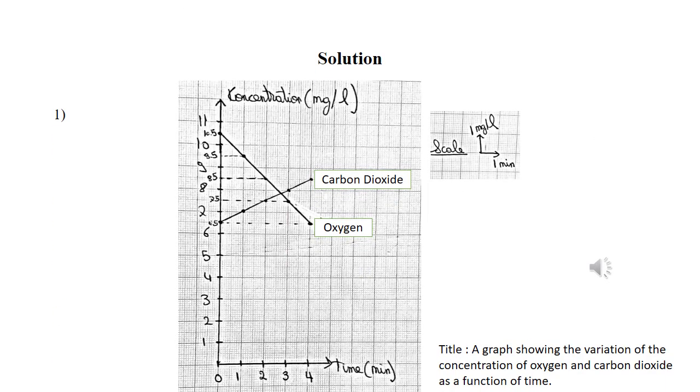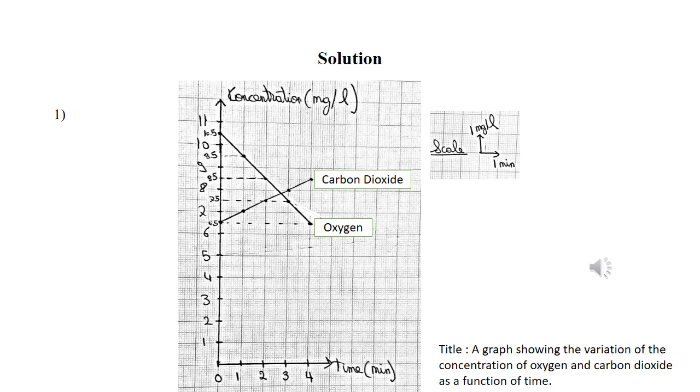Start first plotting the curve showing the concentration of carbon dioxide. When you finish, start again plotting the curve showing the concentration of oxygen. Use a ruler, please. Finally, write a title: a graph showing the variation of y as a function of x.